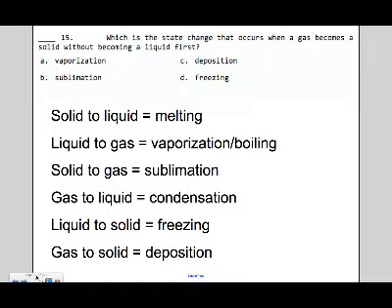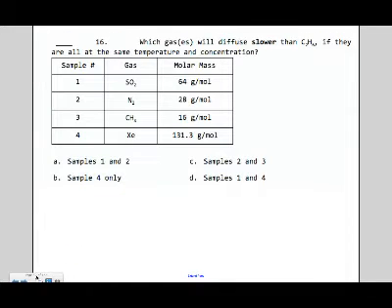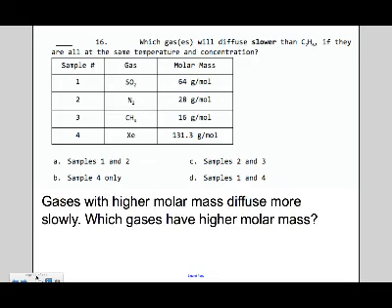Number 16, which gases will diffuse slower than C2H6 if they're all at the same temperature and concentration? So what you really need to remember here is that the rate at which gases will diffuse is related to their molar mass. Heavier gases, heavier substances diffuse more slowly. So first you need to figure out, well, how much is the molar mass of C2H6?